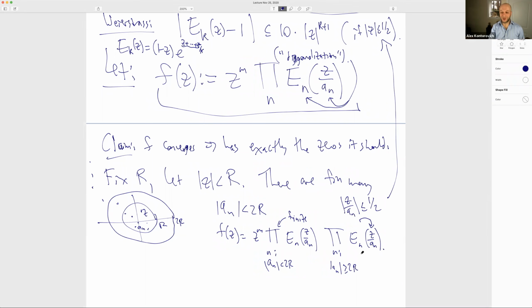So these are my functions E_n, and what do I know about E_n on |z/a_n| less than 1/2?